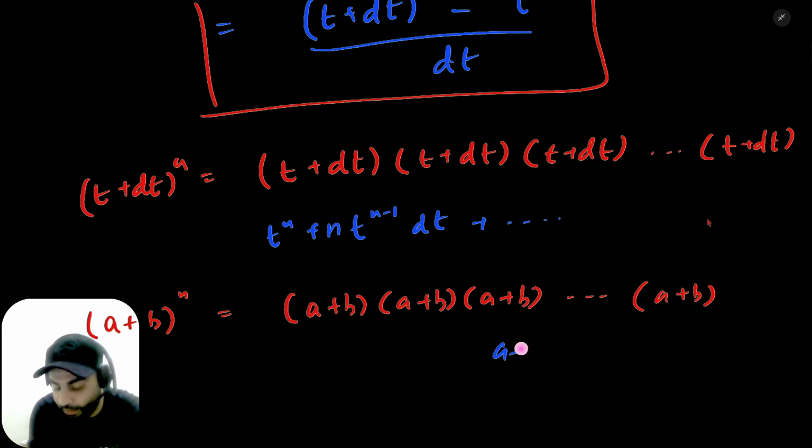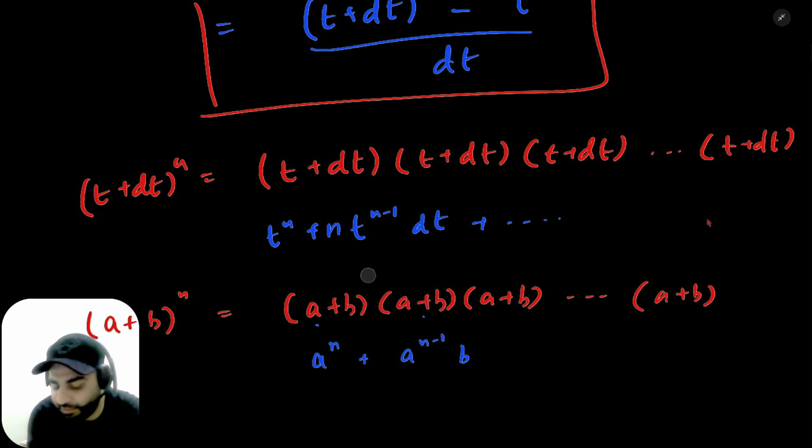If you know how to do a plus b into a plus b, you multiply each term with each term. So basically from each bracket you take one term and then add them. Similarly, I'll take a's from everyone first, so that will be a to the power n, plus, then I'll take 1b from any of these and a to the power n minus 1. That I can do in n ways. I can take 1b from here, from here, from here.